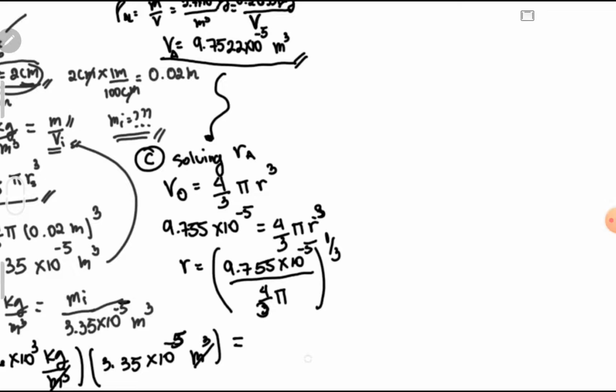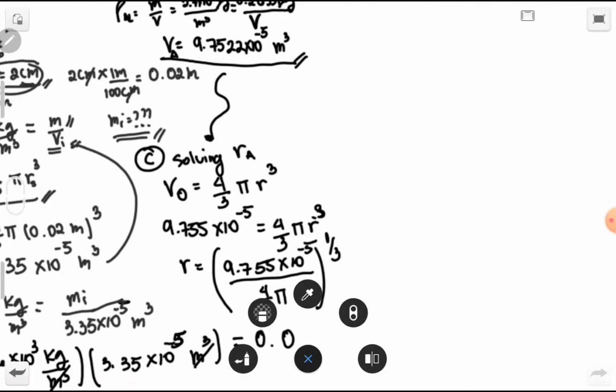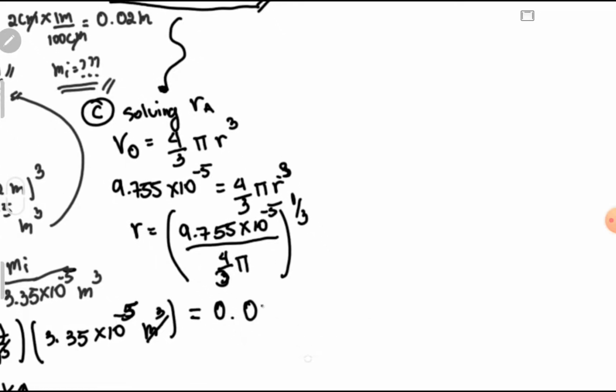Therefore, I will have R of aluminum equal to the volume of aluminum divided by 4/3 pi, raised to 1/3. We'll have a value equal to 0.02855 meters.